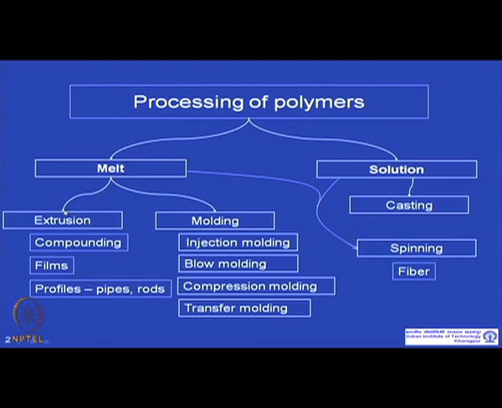Now, the polymer processing from the melt state is mainly of 2 types, extrusion and molding.